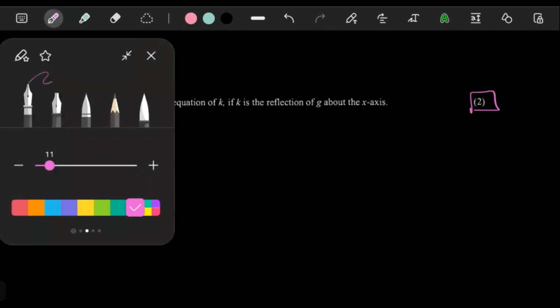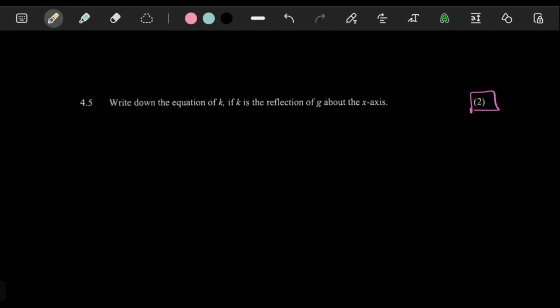4.5. What does 4.5 say? 4.5 is an interesting question, but I'm busy asking myself, why is 4.5 interesting? Because anything to do with K stuff, it's always like, okay. Anyways, let's see what this wants us to do. Write down the equation of K if K is the reflection of G about the x-axis.